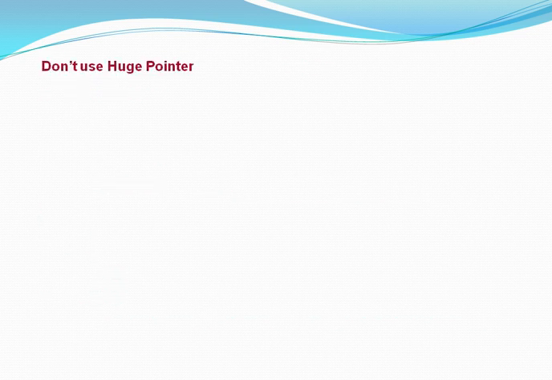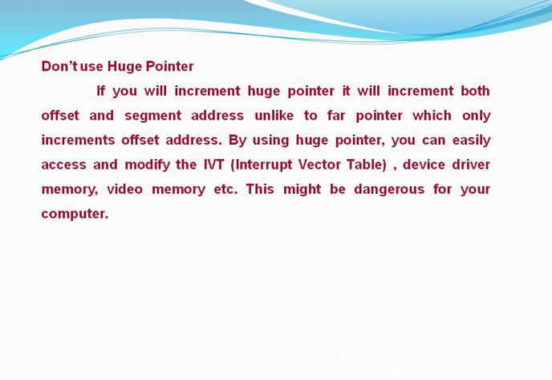Fine. So don't use huge pointer carelessly. If you are incrementing a huge pointer, it will increment both offset and segment address, unlike a far pointer which only increments the offset address. By using a huge pointer, you can easily access and modify the IVT, which stands for interrupt vector table, device driver memory, video memory, etc. This might be dangerous for your computer.